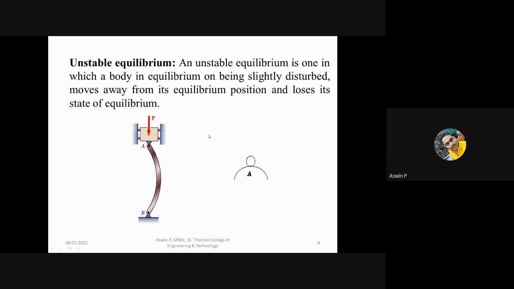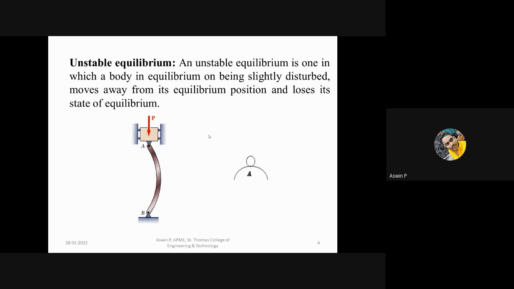Just compare stable, neutral, and unstable equilibrium. In the stable equilibrium, when we displace something, it will regain its initial position after removal of the force. In neutral equilibrium, when we displace the element, it will not go to the original position, but will remain in the position where we remove the displacement.